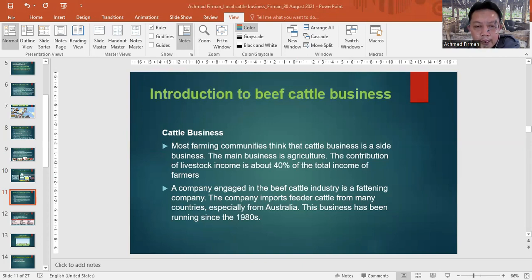They import feeder cattle from various countries, especially from Australia, because Australia is chosen as a place to buy feeder cattle because this country is free from foot and mouth disease.